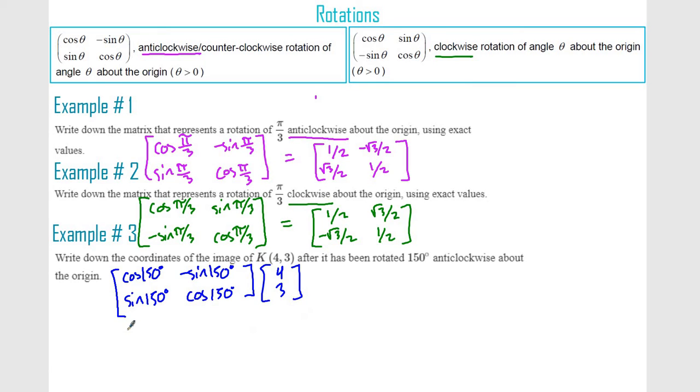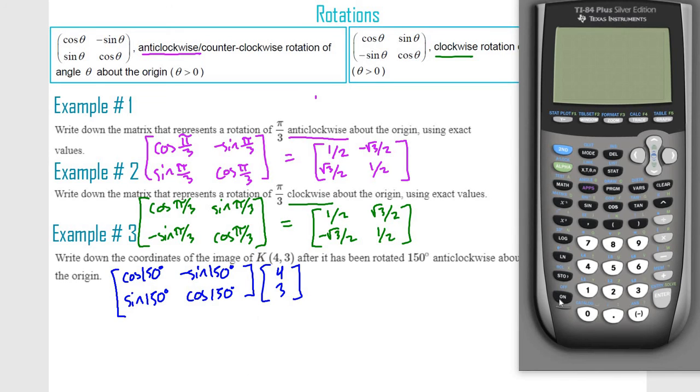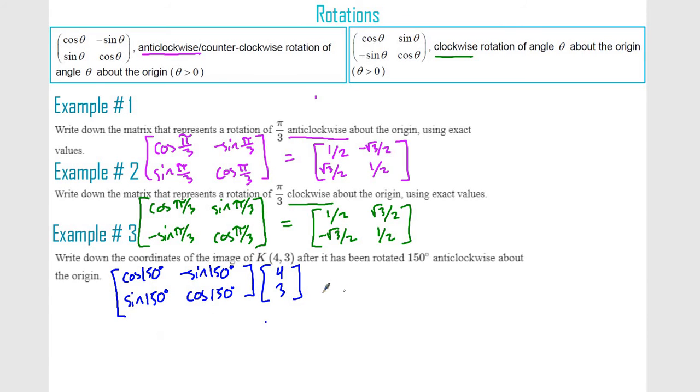Then we can use our graphing calculator to actually do this for us, because 150 isn't anything nice. You know how to do this with your calculator. I would plug them in and multiply it.